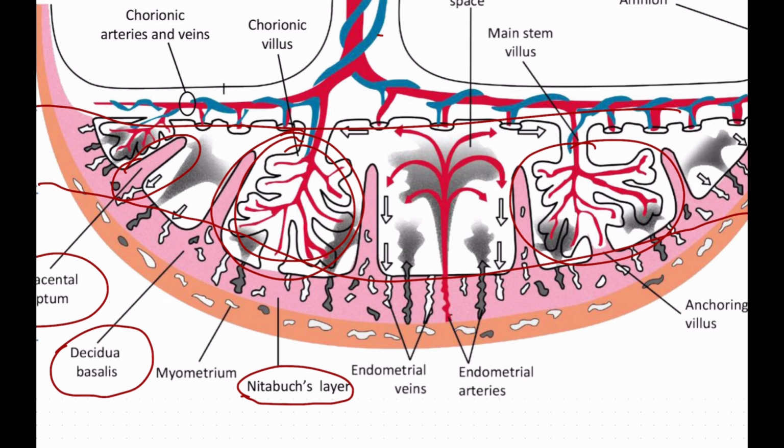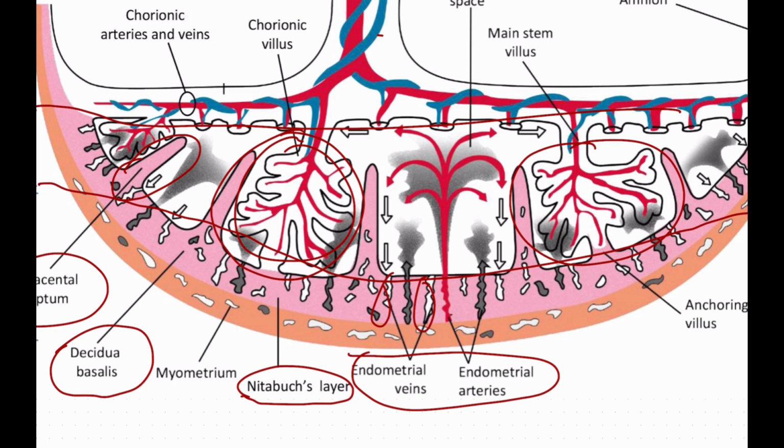Next, we have the endometrial veins and the endometrial arteries. The endometrial veins are part of the maternal vascular system, and they drain deoxygenated blood and waste from the intervillous spaces we were talking about back into maternal circulation.